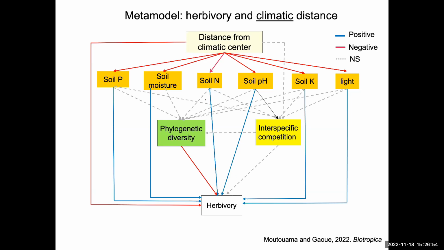Then we predict that herbivory rate will increase with an increase of abiotic factors, consistent with the resource availability hypothesis. And as phylogenetic diversity increases, we assume that herbivory rate will decrease.